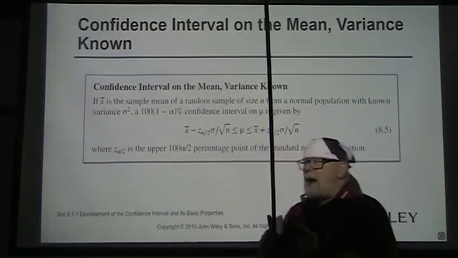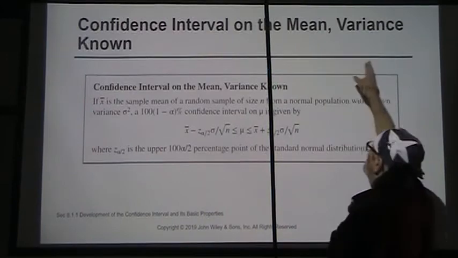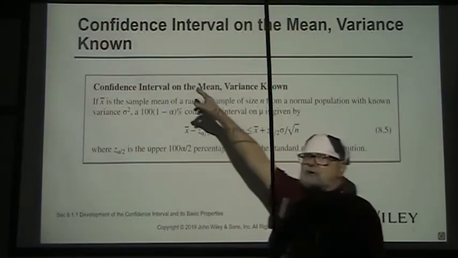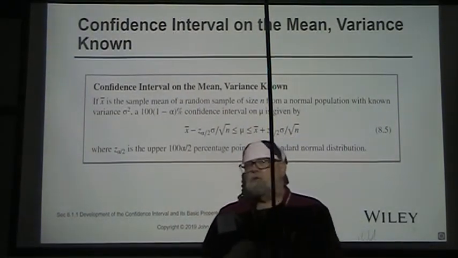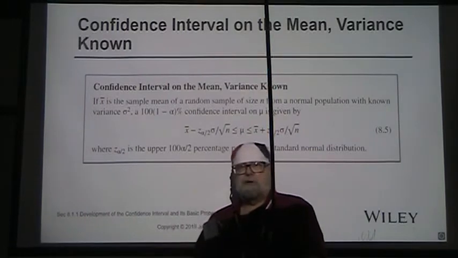All right, now, this is about the confidence interval on the mean with the variance known. Now, everything we've done so far has been pretty much in the standard normal distribution.